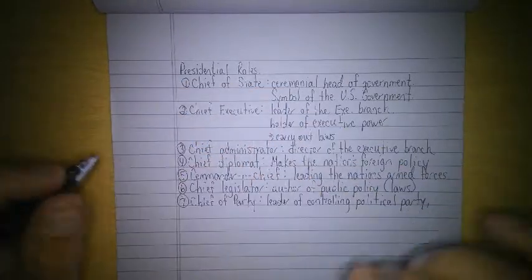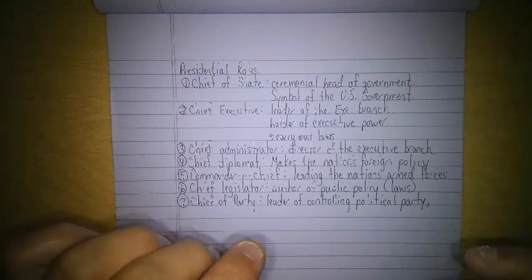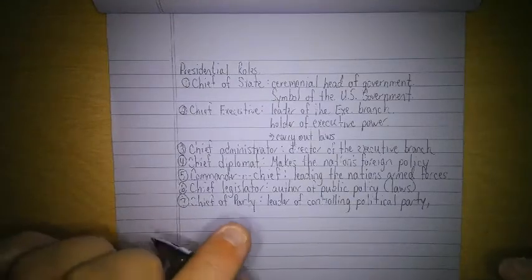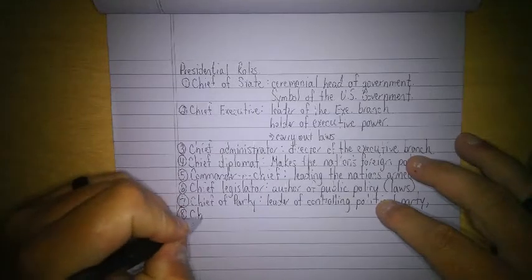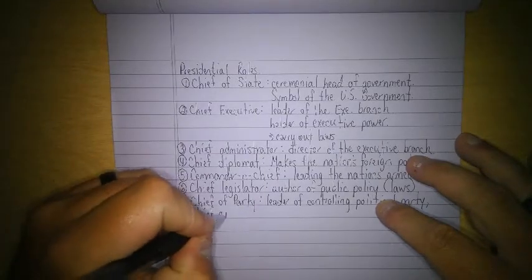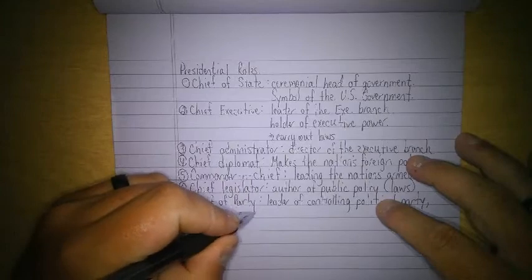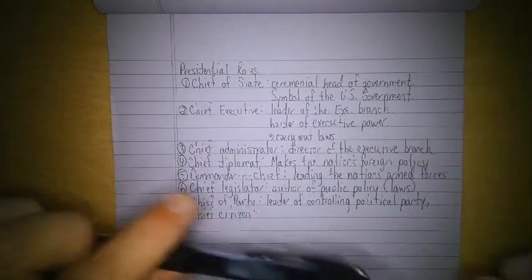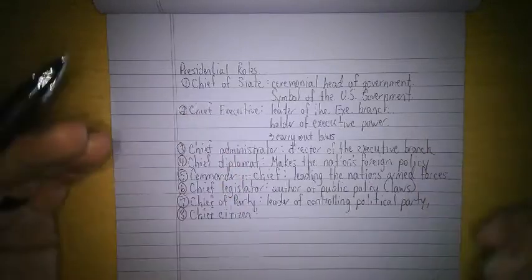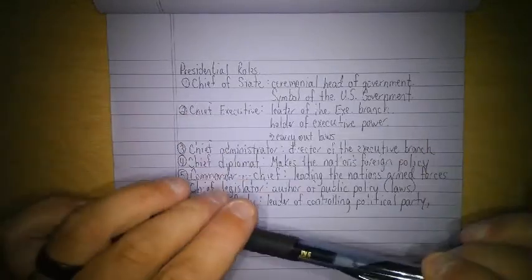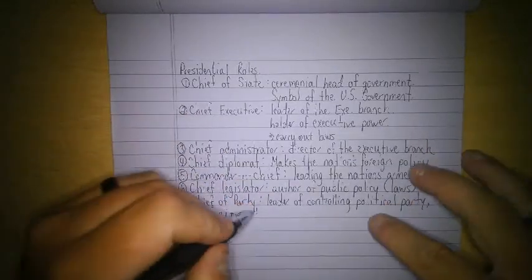And then on your paper, that's letter F, leads his or her political party, for number 13. And then the last one, the chief citizen. We've kind of touched on this already. People from outside of the U.S., when they look at the U.S. and the citizens and how things are going, they look toward the leader of our country, which is the president. So he is the representative of all people.